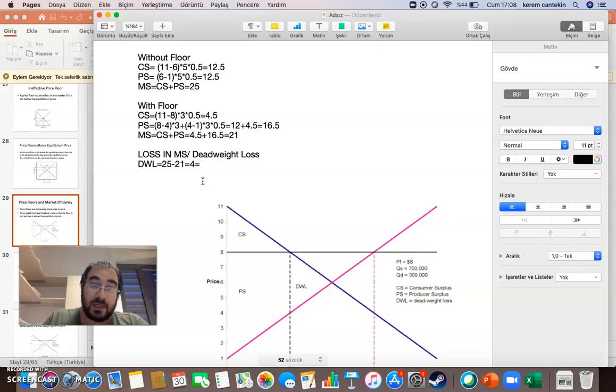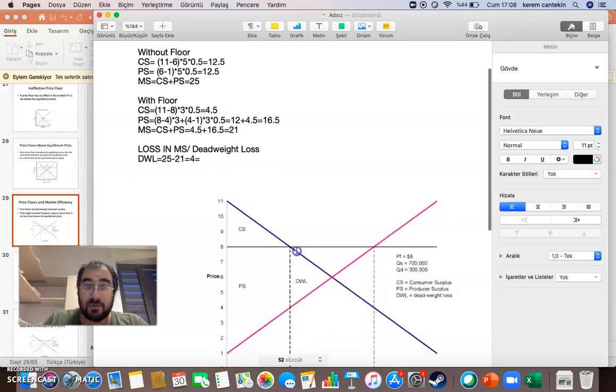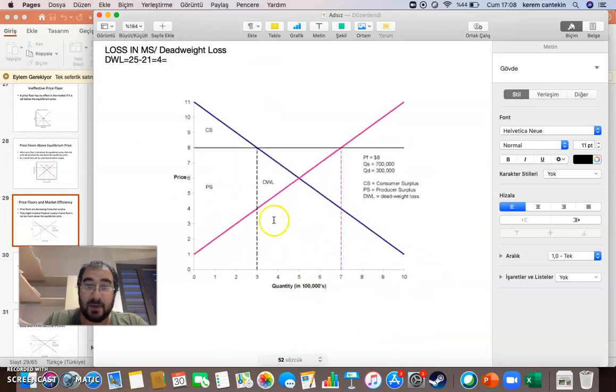We can also calculate the dead weight loss looking at the graph. This area represents dead weight loss. Previously, market surplus was this triangle. Now it is this trapezoid. So this triangle is lost, and that triangle is 8 minus 4 times 5 minus 3, basically.